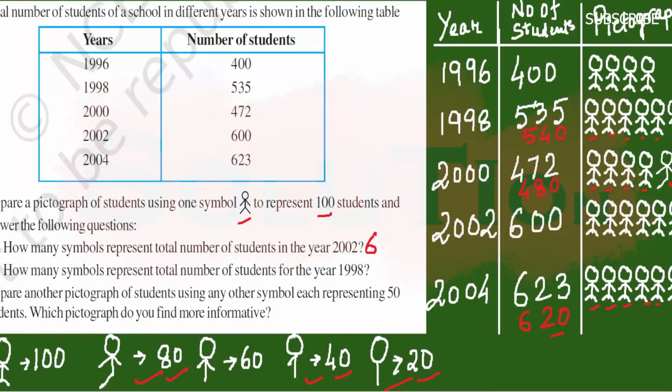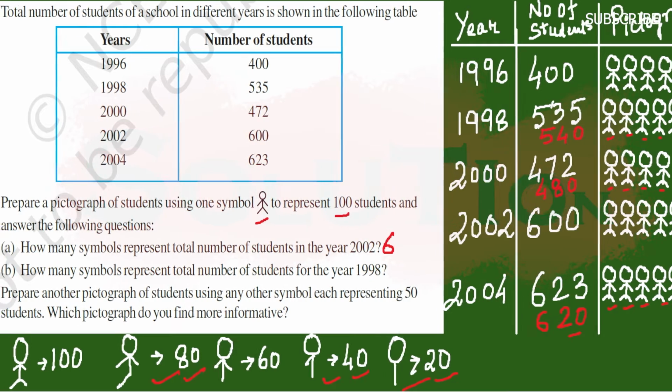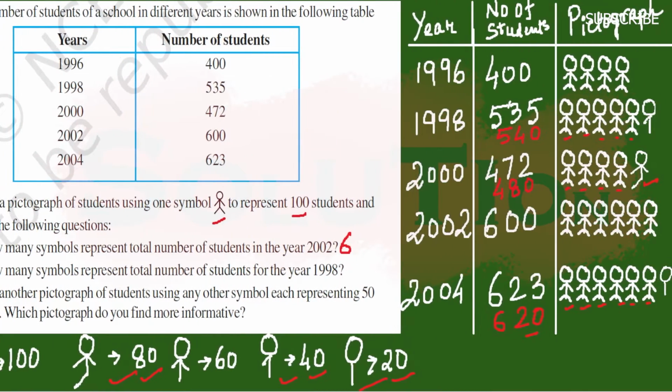The next question is, how many symbols represent the total number of students for the year 1998? So in 1998, we have used 5 complete persons, and the remaining person is 2 parts out of 5 parts, because to make 100 we need 5 body parts.